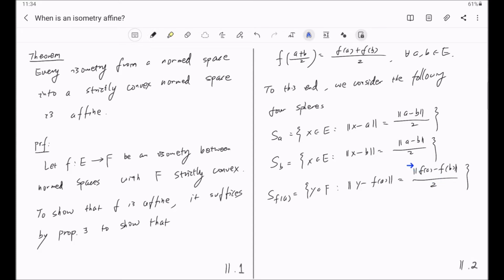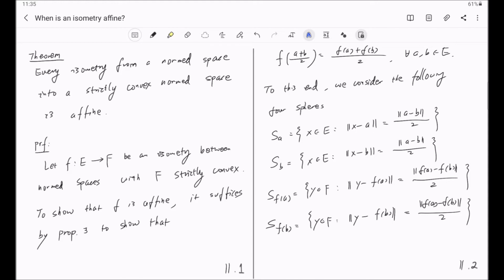Note that because f is an isometry, this will actually be equal to this. But to avoid confusion to some of you, let me not write that. And similarly, S sub f(B) will be the sphere centered at f(B) with radius norm of f(A) minus f(B) divided by 2. That is the 4 spheres that we will be considering.